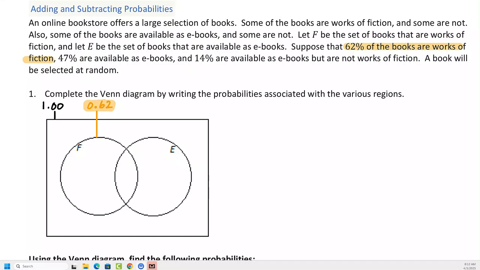The next piece of information is that 40% of the books are available as ebooks. Well, that's the other entire circle. So this is going to be 0.40, and that's this entire one right here.